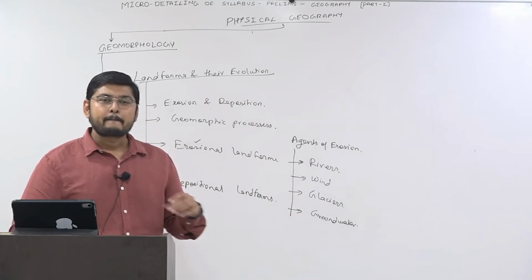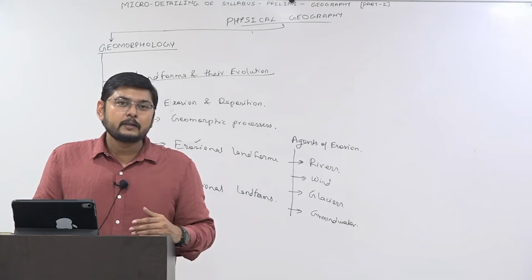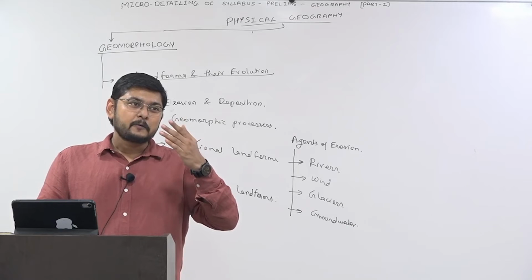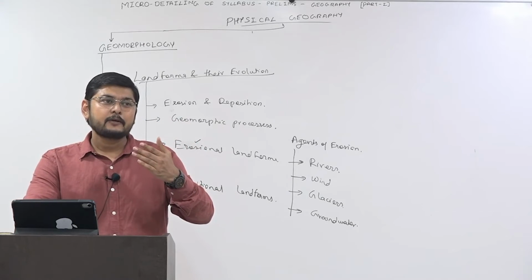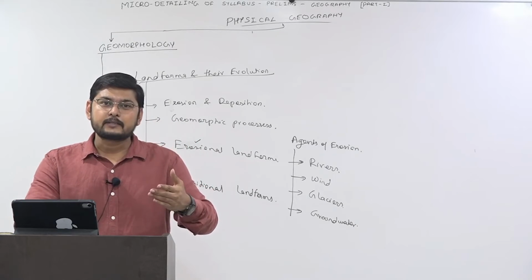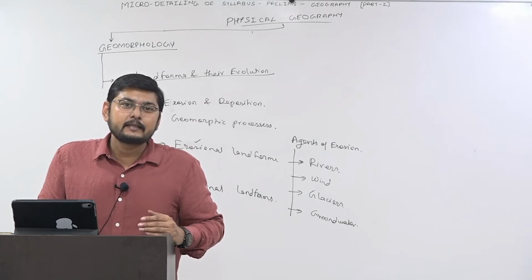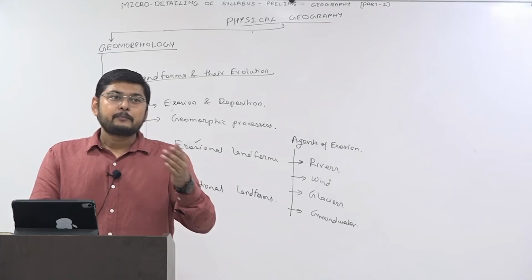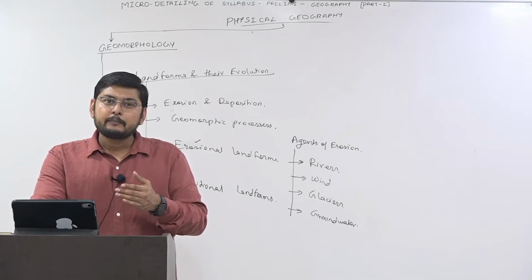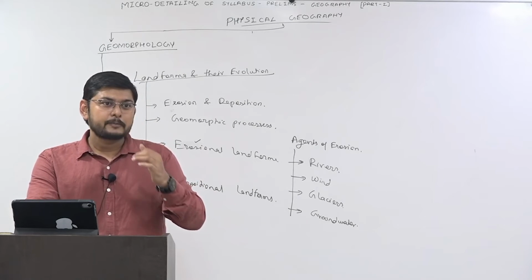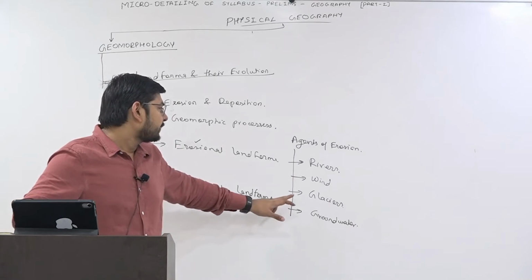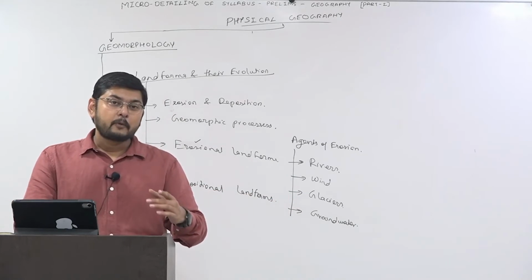Next is glaciers. Glaciers play quite an important role in the mountainous regions. If we look at the erosion and deposition part, in erosion we see the various kinds of valleys present in the mountain ranges. Deposition is also caused by them, for example the formation of moraines, which is one of the parts of glaciers. Groundwater is very important.